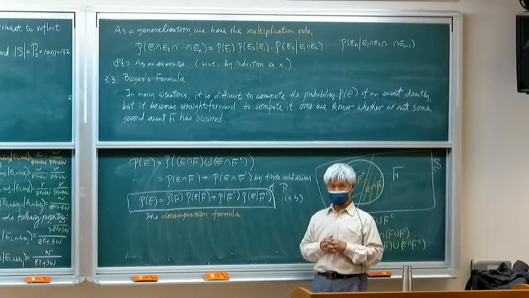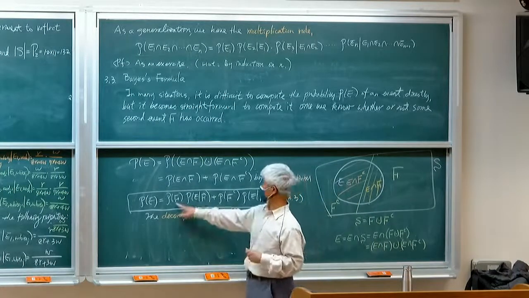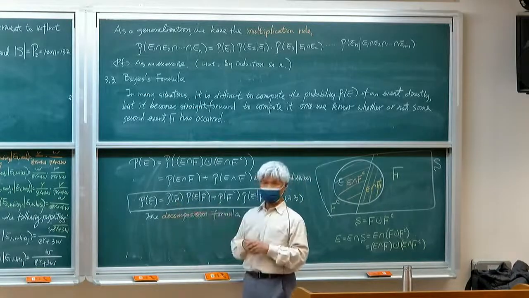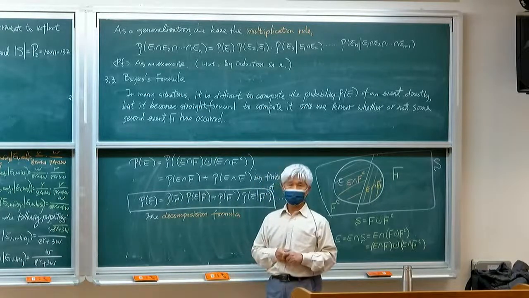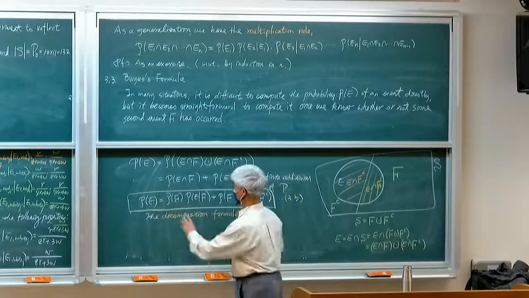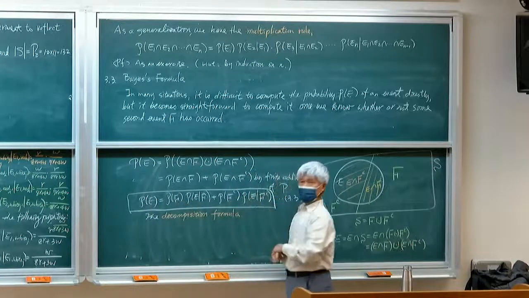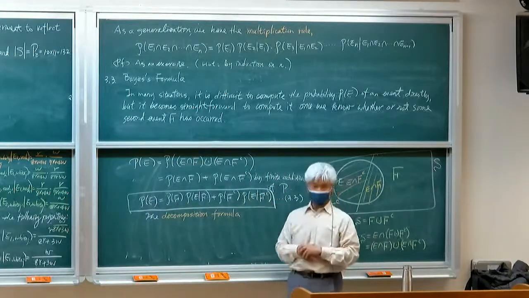And we know the probability of F and the probability of F complement. It seems complicated, right? Because we have to know 4 probabilities before we use this decomposition formula.